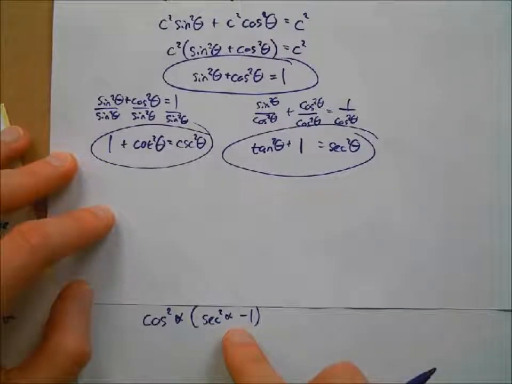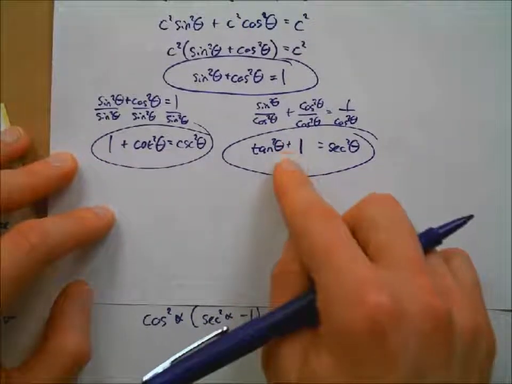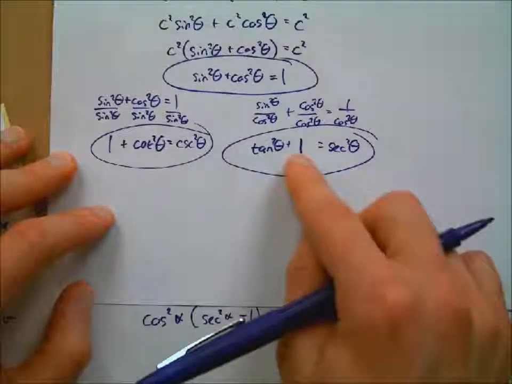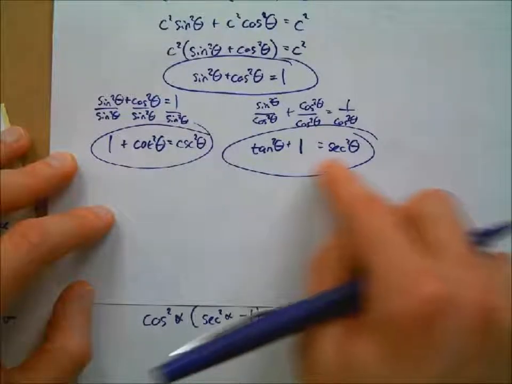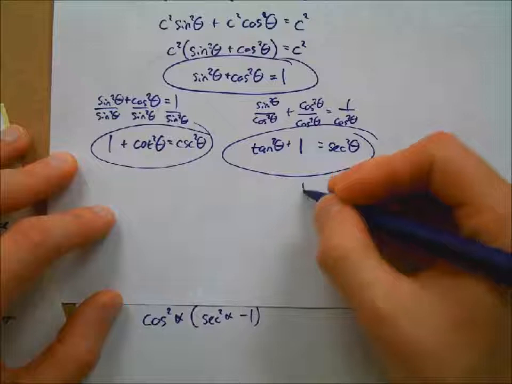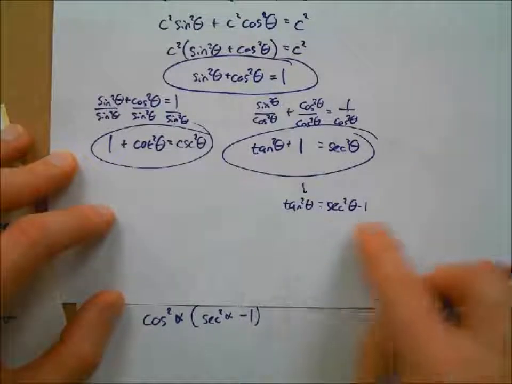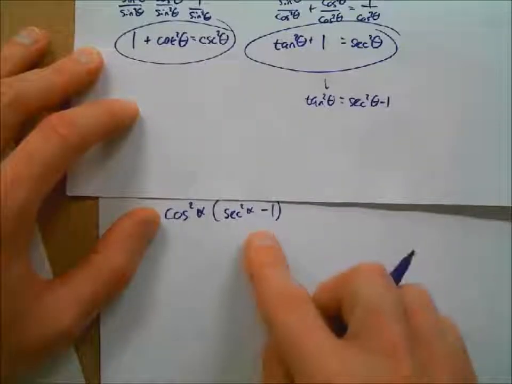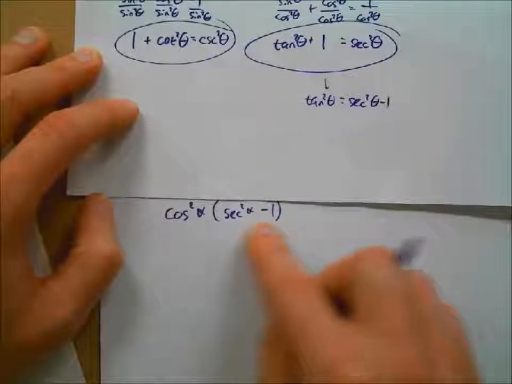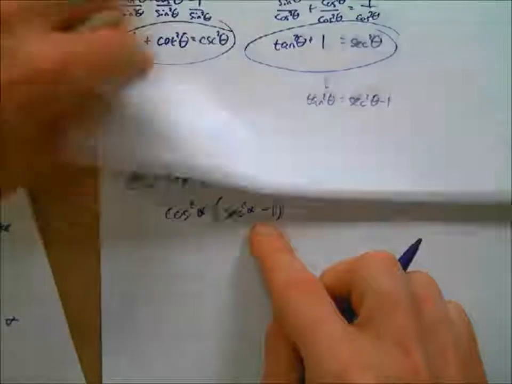The third one here, right? In fact, it's the exact same thing if we just subtract 1 from both sides. So that means tangent squared theta is equal to secant squared theta minus 1, which is exactly what we have right there. What is this the same as then? Tangent squared alpha in this case, right? We have a different variable.